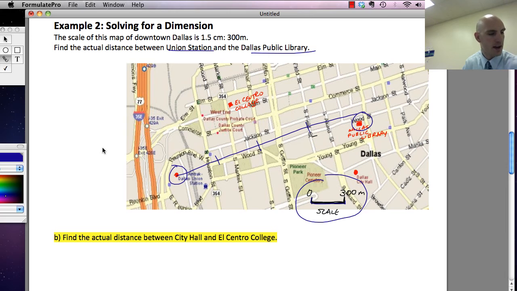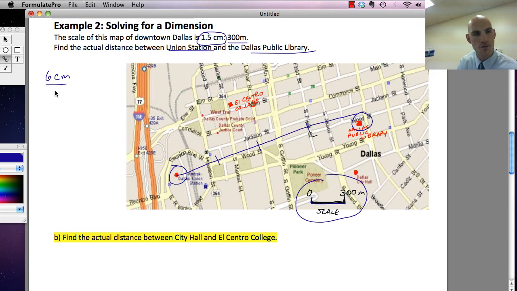So if this is about 4, I could use something to measure it. Sometimes if you don't have an actual ruler, you can use just an object and mark the length. Well, if it says 1.5 centimeters to 300 meters, if we actually measure it, we find out that the distance is 6 centimeters on this map. It's actually from your book, so this is 6 centimeters in your book.